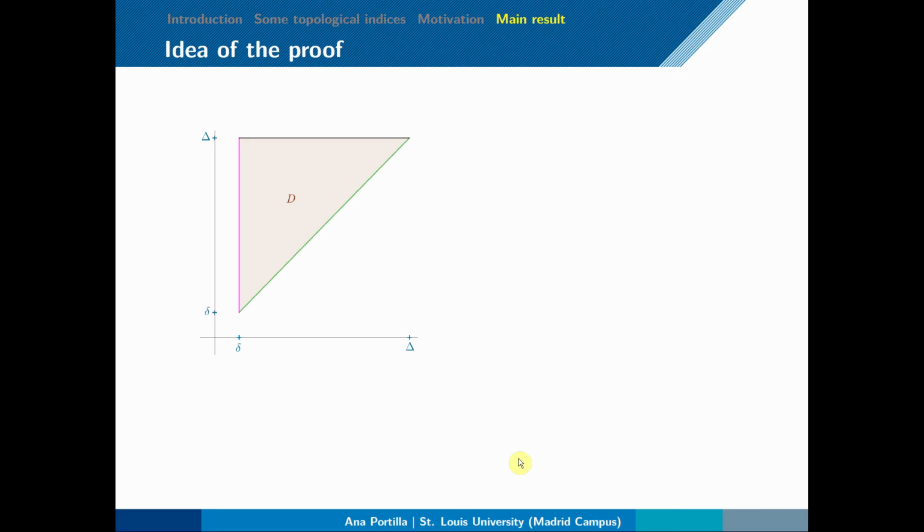So first of all, we define this domain on the plane determined by the invariants of the graph, little delta and capital delta. Recall the minimum degree and the maximum degree in the graph respectively. And over this domain, we define the two-variable function capital T by means of this expression.